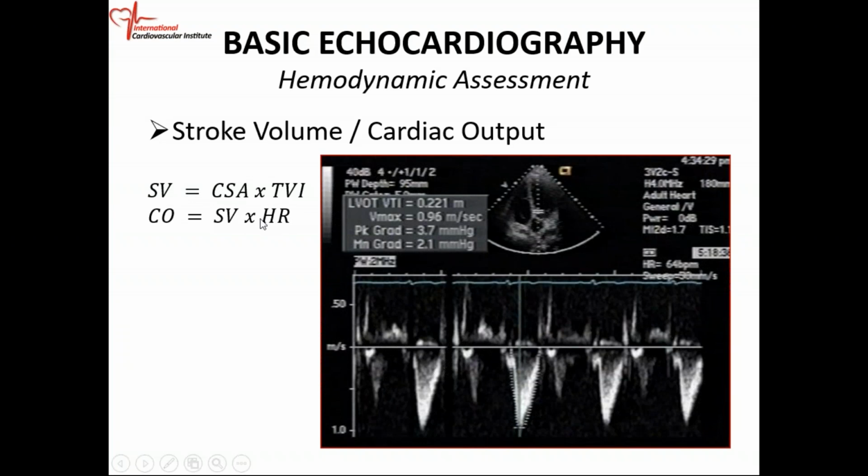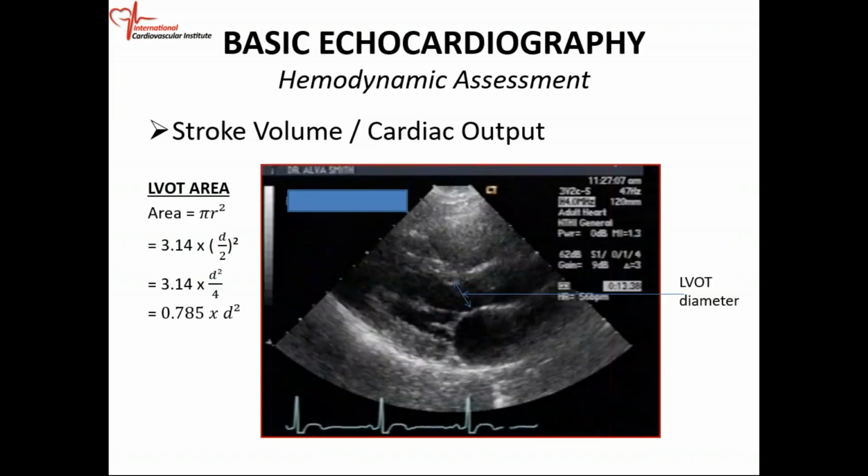But remember what I said, the cross-sectional area of the left ventricular flow tract, we can assume that it's circular. And that's where your parasternal long axis view comes into play. So this is your parasternal long axis view. This is our left ventricular flow tract diameter.